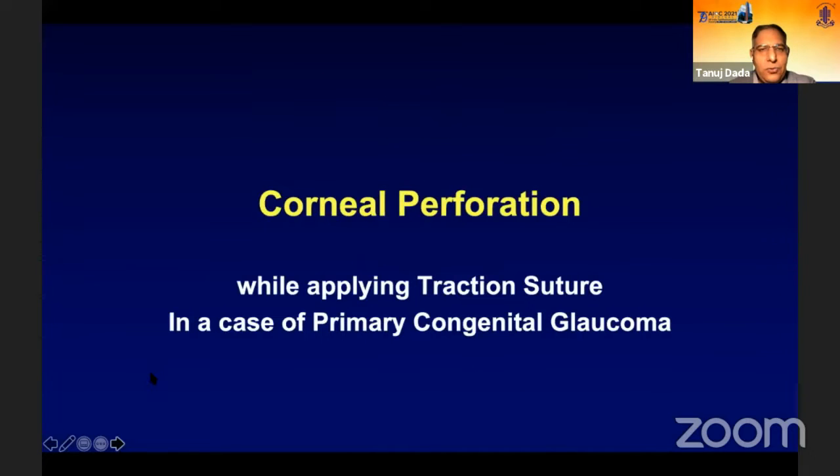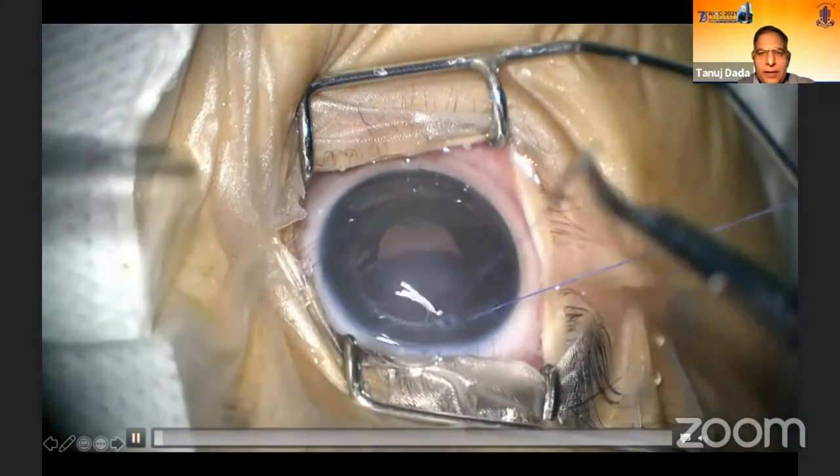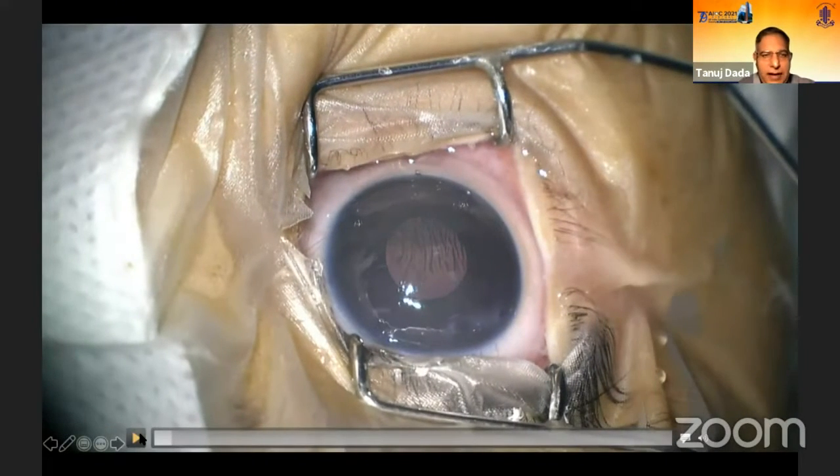So the first dreaded nightmare is that you have started surgery and you are using a corneal traction suture. This is a patient of primary congenital glaucoma. Now you see the corneal traction suture has been put and there's a corneal perforation. This is a disaster because you have a flat AC in a child's eye and you have lost the AC.